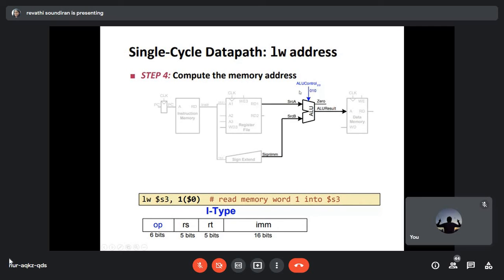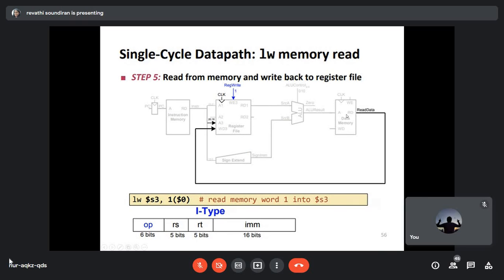Whatever is in the blue line is your control signal. Now the ALU result is generated, and it is used as the address of the data memory. We don't have any write enable signal here, so it is only a reading operation, reading the data.